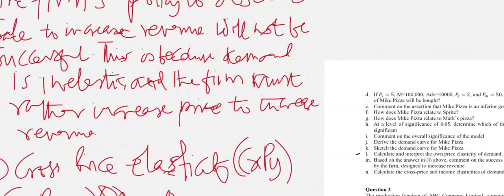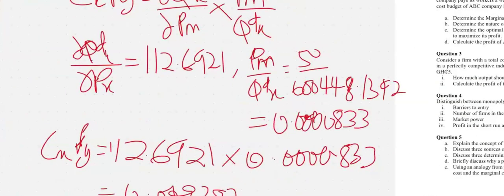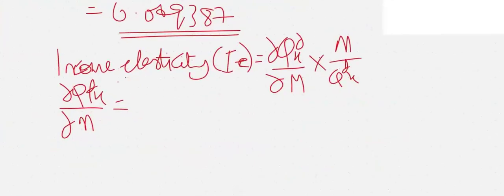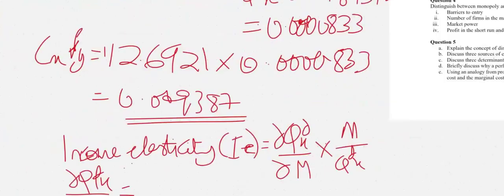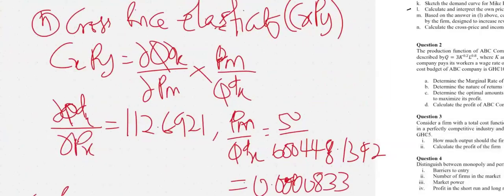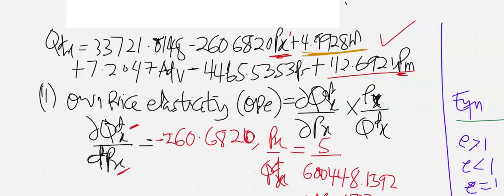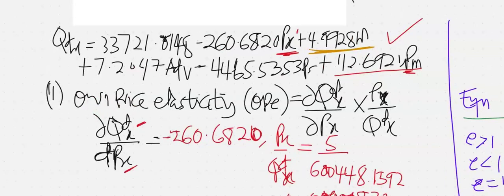Because the formula says go to the equation, differentiate the equation dQdx. So where do we find the equation Qdx? It is here, in gold on the left in the circle.